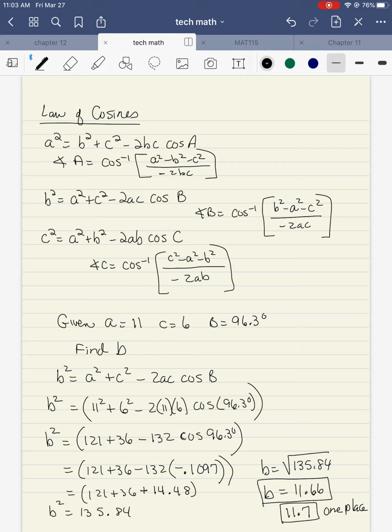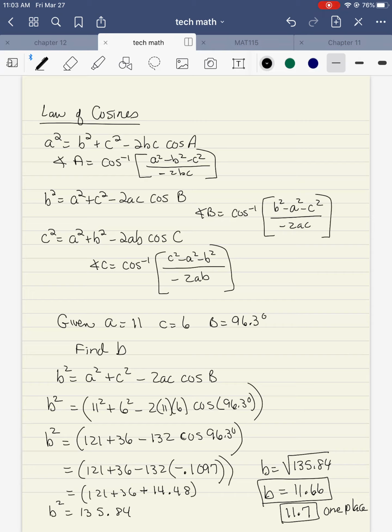So b squared equals a squared plus c squared minus 2ac cosine B. Plug my numbers in. a was 11, so 11 squared. c was 6, so 6 squared, minus 2 times ac, so that's 2 times 11 times 6, cosine of B, which is 96.3.